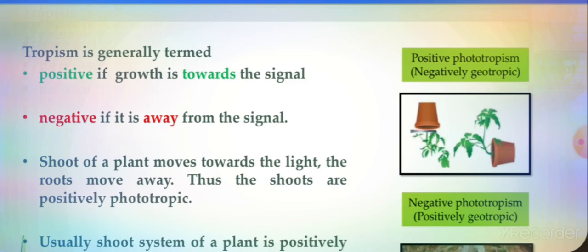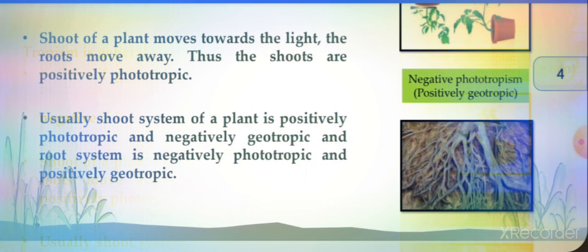Shoot of a plant always grows towards the light, and the root of the plant always grows away from the light. That is why we call the shoots positively phototropic and the roots negatively phototropic, because they grow away from the light. And the shoot system is negatively geotropic.